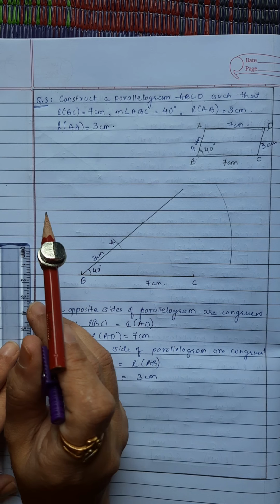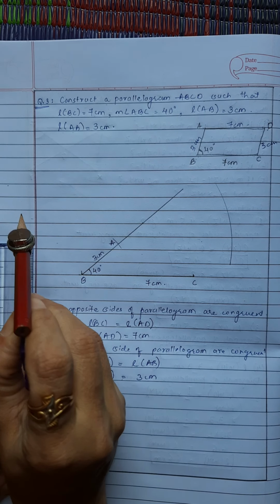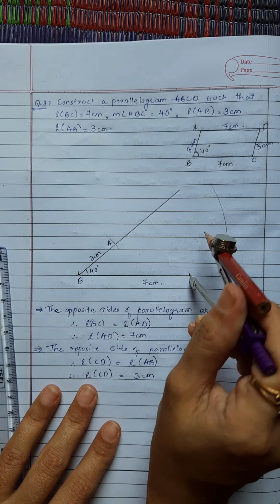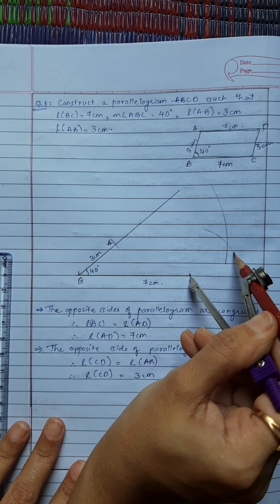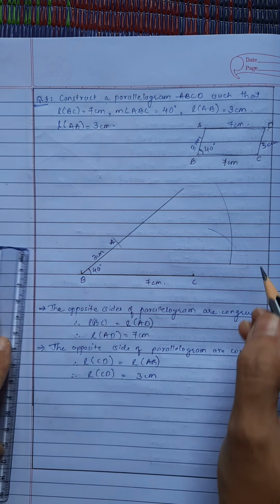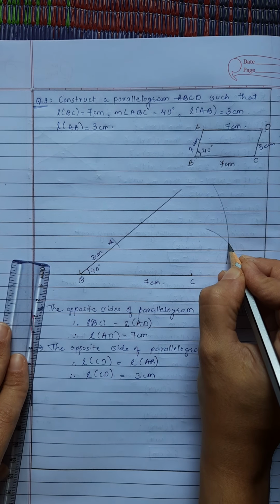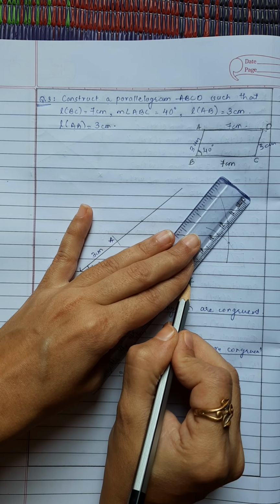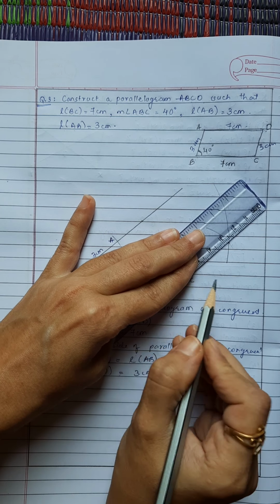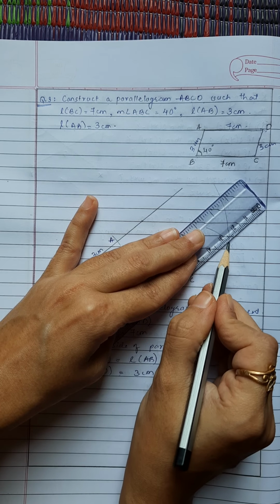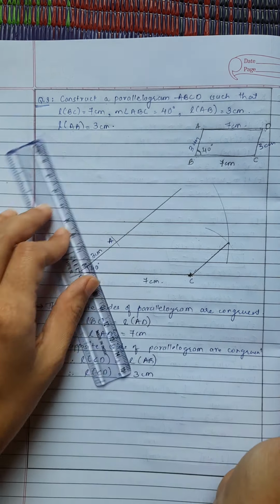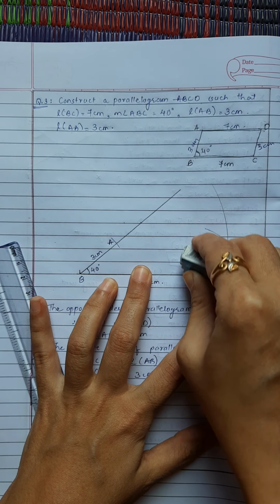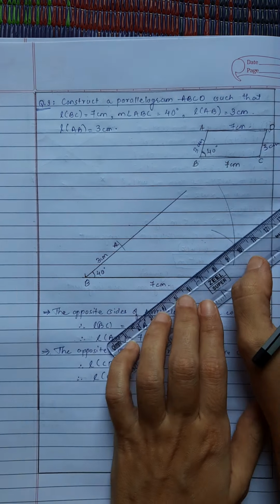So take 3 centimeters in it, keeping on vertex C, it will intersect this arc. Now we got a point here which is nothing but our vertex D. Join the points C and this new intersecting point in this way. Join it properly.